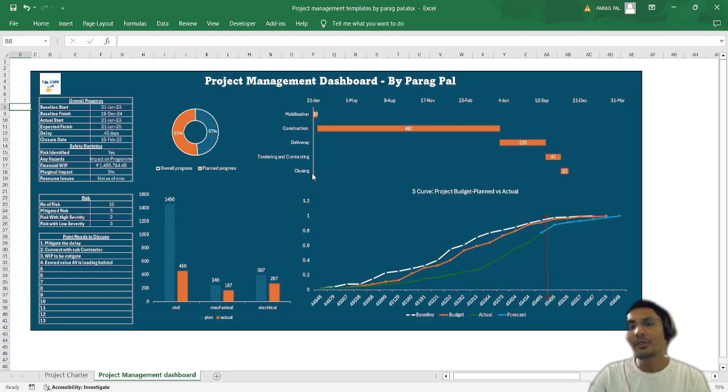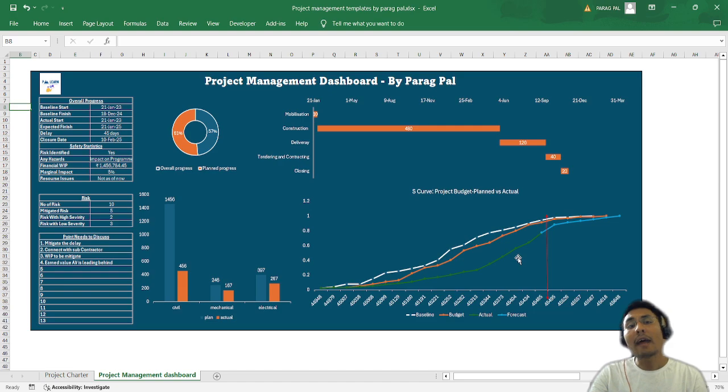Now if you come to the S-curve, the project budget planned versus actual. You can see here I have a representation of what my baseline is, what my budget is, how my actual scenario is going, and what my forecast is. Based upon my baseline and my budget, I am always performing on the downside with respect to my actual scenario.